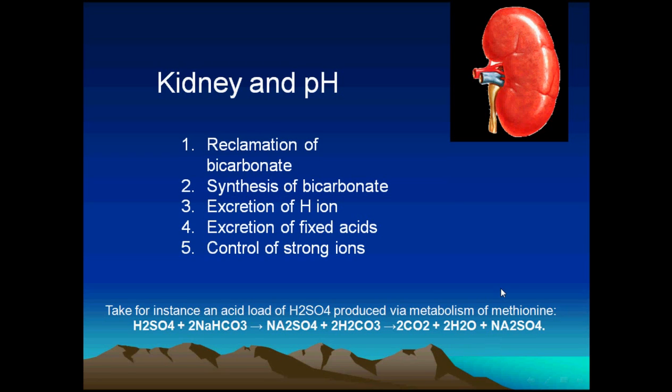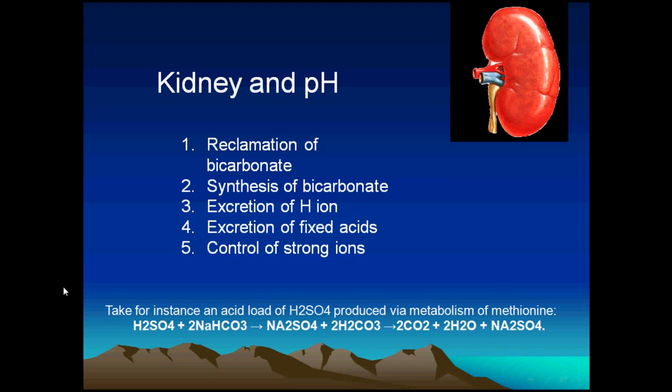Look at this. Take, for instance, the acid load of sulfuric acid produced by the metabolism of methionine. Sulfuric acid will react with bicarbonate to give carbon dioxide, water, and sodium sulfate.